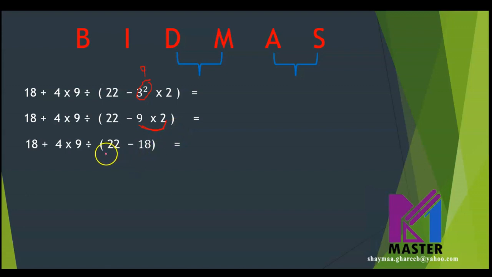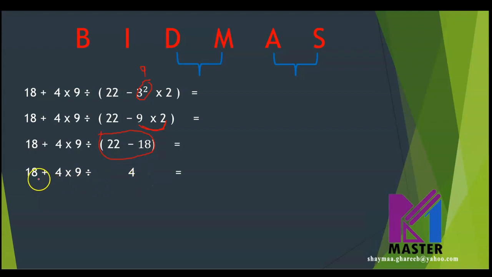Okay, now I have only one operation inside the bracket, so finally I can finish the bracket. 22 minus 18 equals 4. So I will replace the whole bracket by 4. So all this bracket equals 4. So I will keep the 18 as it is, plus 4 times 9 divided by 4.